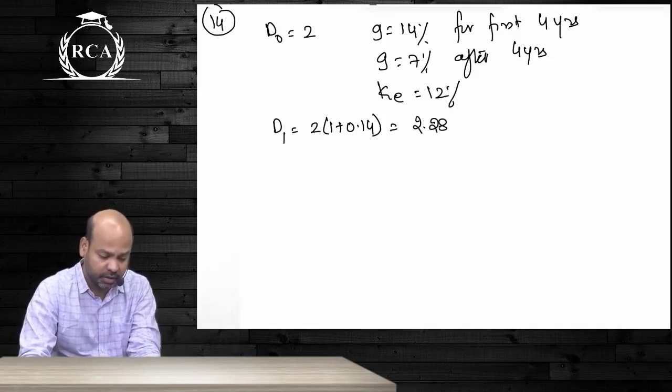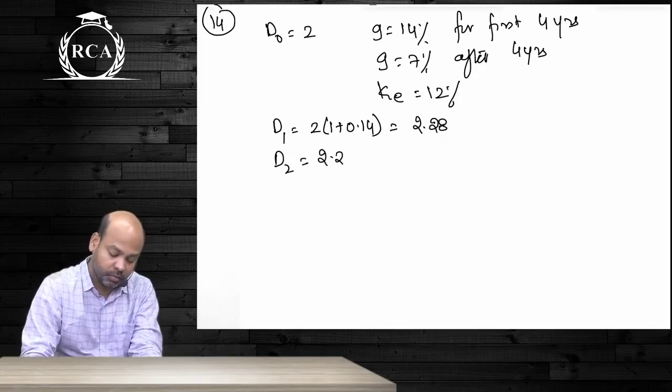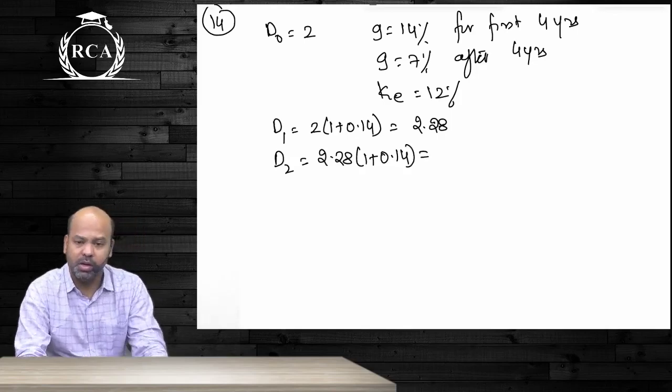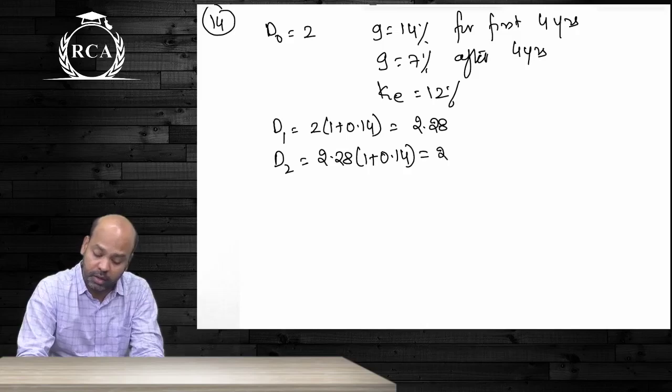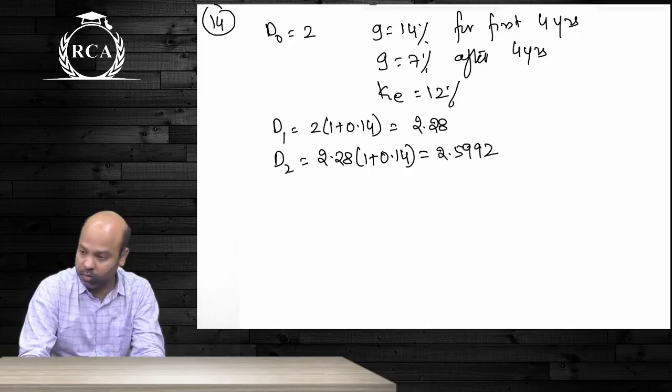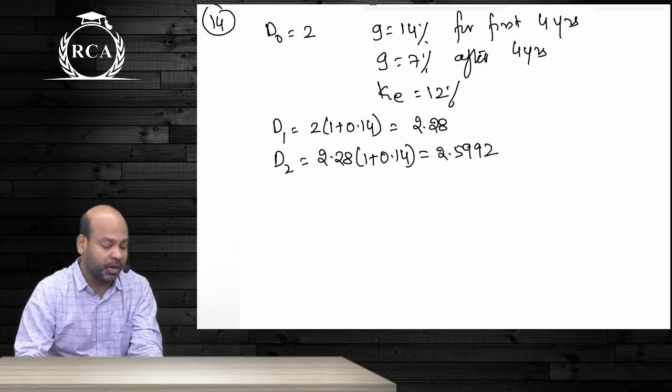D1 is 2.28, right? D2 is 2.5992. I'm writing 4 decimal points because the answers to option 1 and option 2 are given in 4 decimal points.